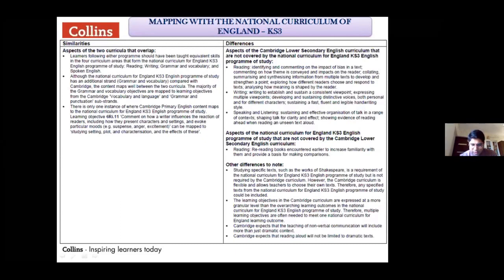So just to quickly wind up, the differences. Cambridge expects that teaching of nonverbal communication will include more than just dramatic context. And Cambridge expects that reading aloud will not be limited to dramatic texts. So you can read aloud other texts as well. So it's not just a play of Shakespeare. I know many schools teach Macbeth or other plays of Shakespeare at grade 8.